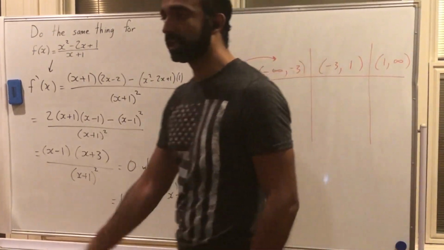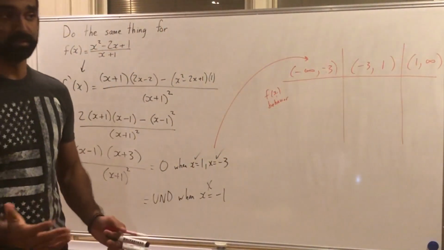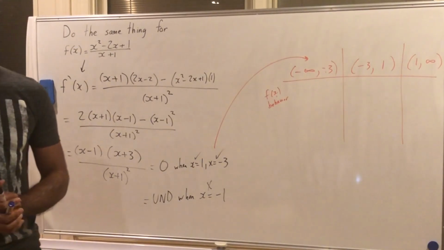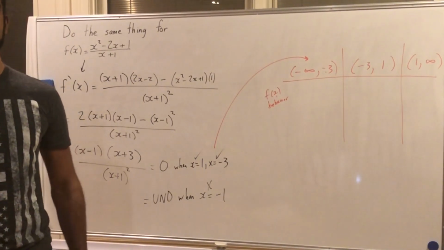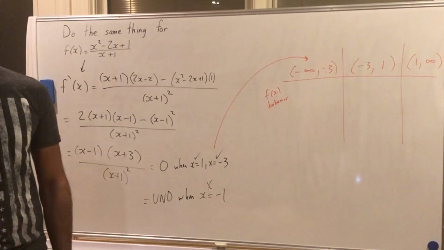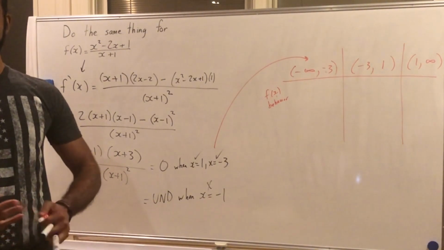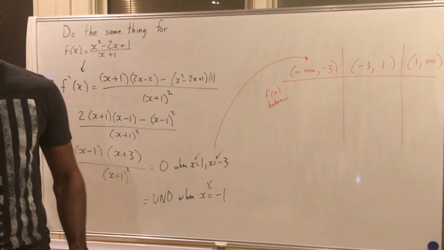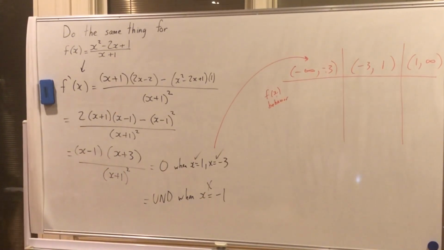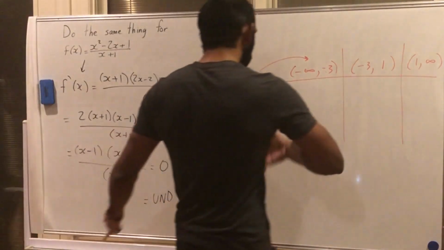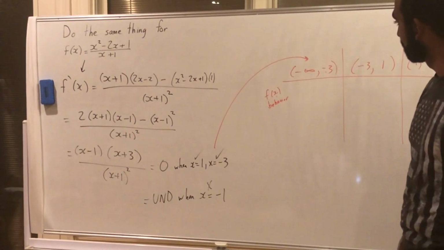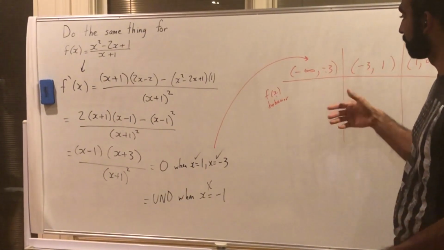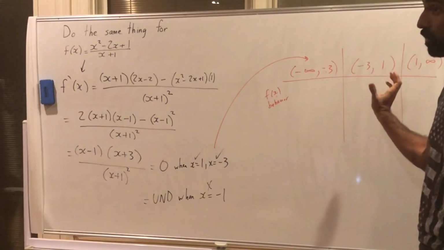So far the correlation has been, if f is negatively sloped somewhere, that means it's decreasing right there. If it's positively sloped somewhere, that must mean it's increasing. So we're trying to draw a one-to-one correlation like that, which is almost always true, but you'll see here that's not quite. So let's work with the assumption that it is true, that if something is negatively sloped somewhere, it's always decreasing on that interval.